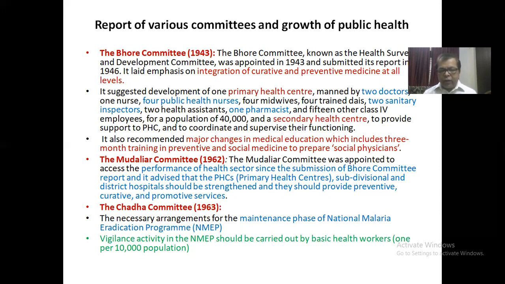So now we need to understand that by the 1960s, there were specific measures to address the problem related to malaria eradication. We will talk about this program at a later stage, but as of now, it suffices to say that this committee talked about how to eradicate the problem of malaria. This is a disease control program. That means a diversification in the functioning of the overall health structure has started, right?